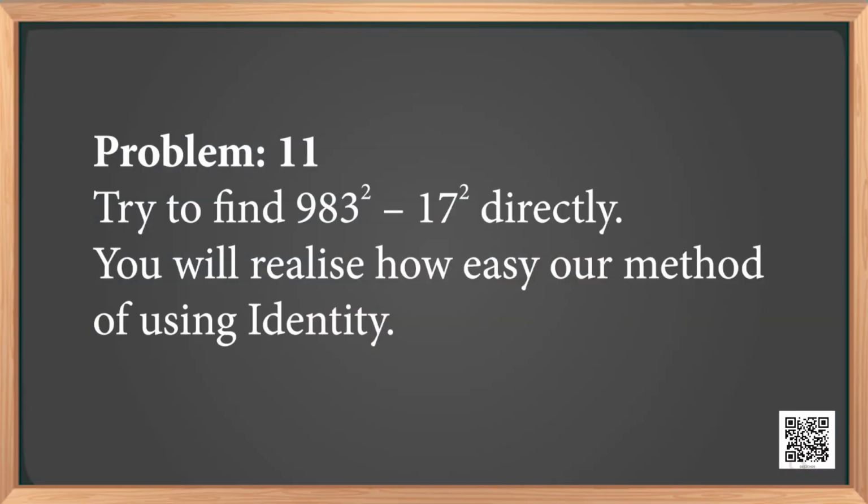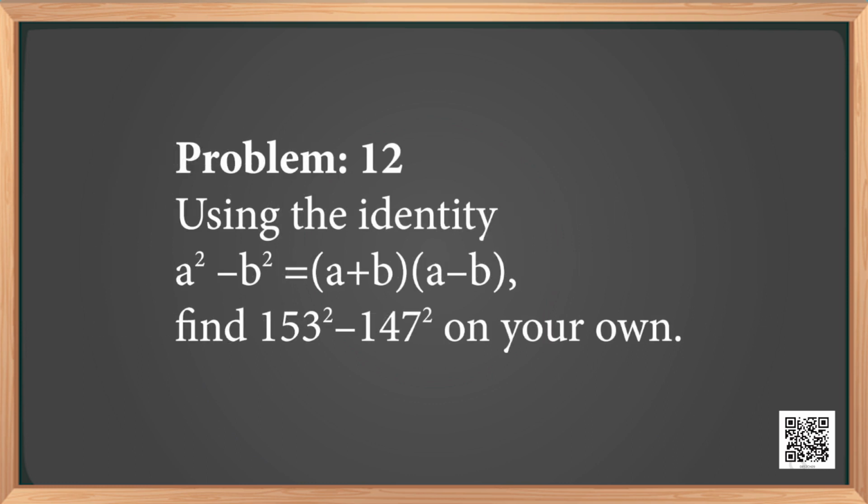Very good. Problem number 11. Try to find 983² - 17² directly. You will realize how easy our method of using identity is. Problem number 12.